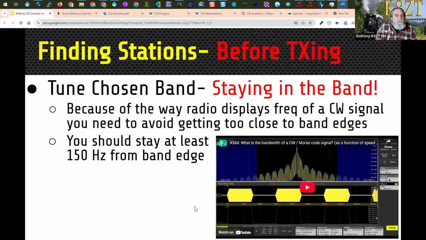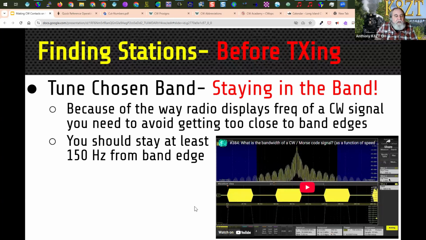You've got to be aware of your footprint, just like you do on single sideband. Now on single sideband it was pretty huge because we had that whole extra sideband that we had to make sure we kept in the band. So on upper sideband we wanted to make sure we didn't go too close to the top of the band, and on lower sideband we wanted to make sure we didn't go too close to the bottom of the band, so the extra sideband wouldn't go across into the outside of our privileges.